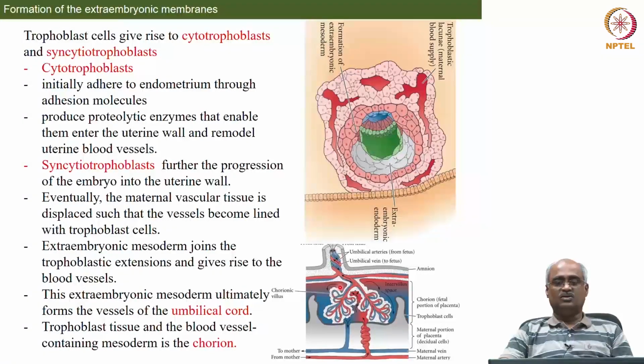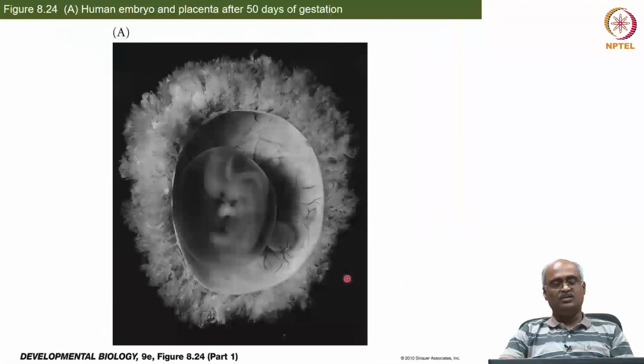Okay, so they form these blood vessels, and these actually differentiate into these loop like structures which we call the chorionic villus, and that increases the surface area a lot. And this is quite clear if you see this actual photograph of an embryo.